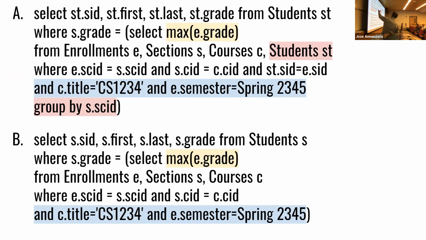Then you have the filtering saying that I don't want all the enrollments. I only want the records for which the title of the course is CS1234 and the semester is 2345. So now I'm filtering all those courses, and I basically end up with just one single bucket.